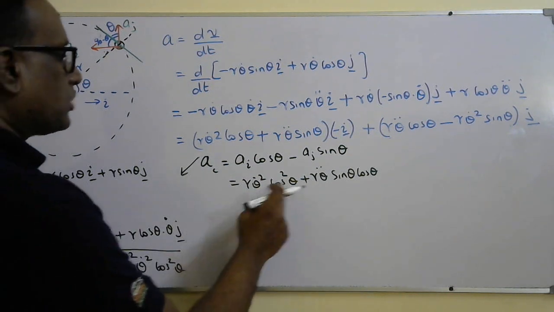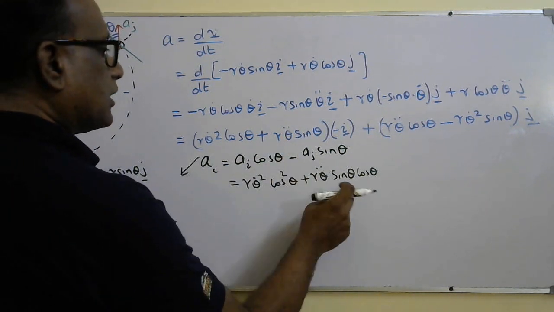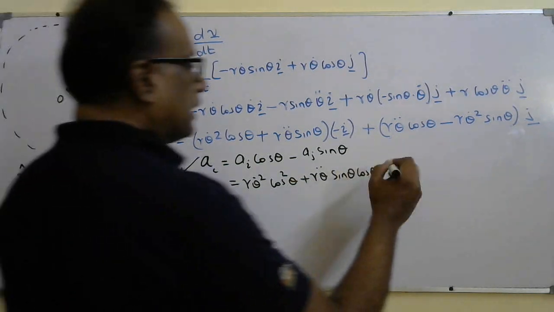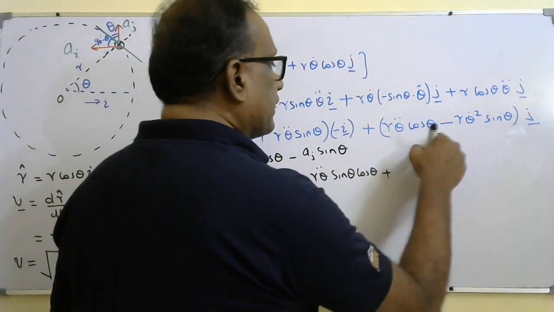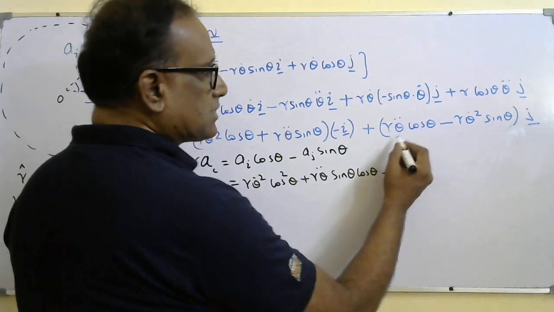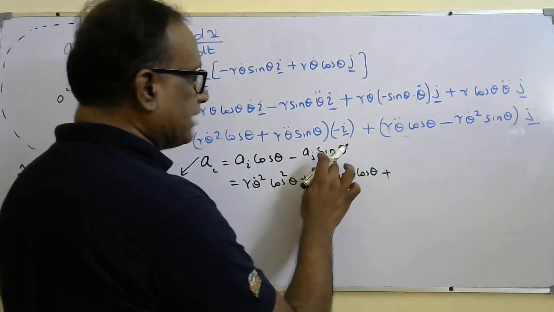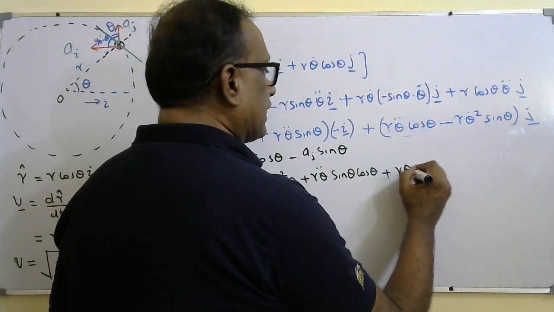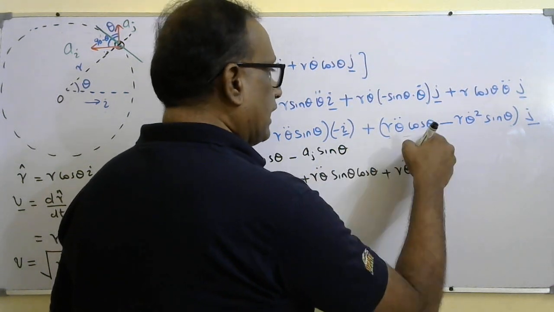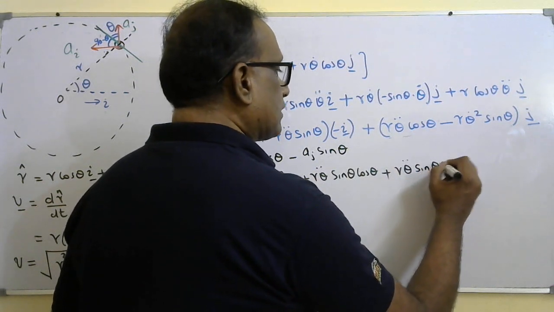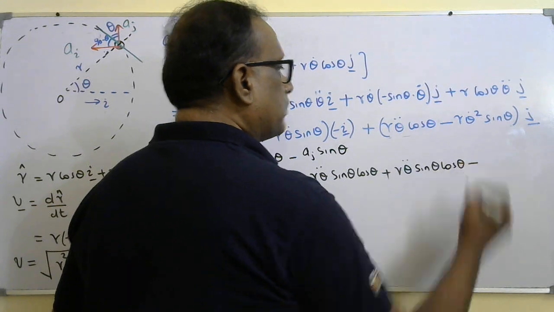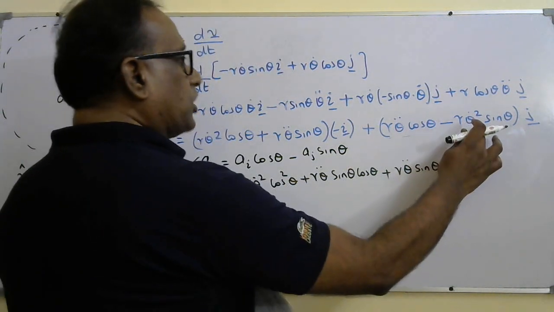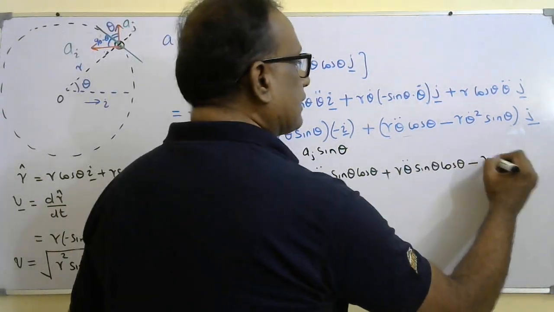R theta dot squared cos square theta plus r theta double dot sine theta cos theta, plus this one, when I consider r theta double dot, this whole thing is taken as a_j times sine theta. So r theta double dot sine theta cos theta minus r theta dot squared sine square theta.